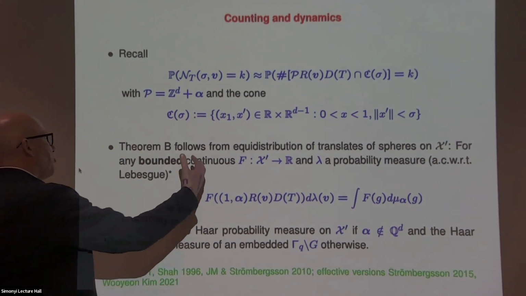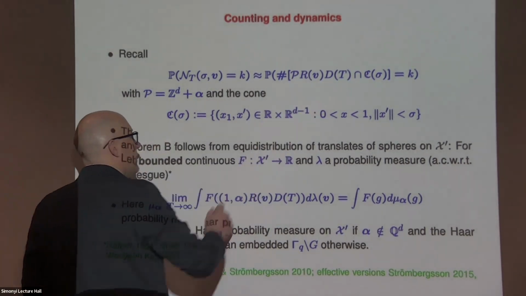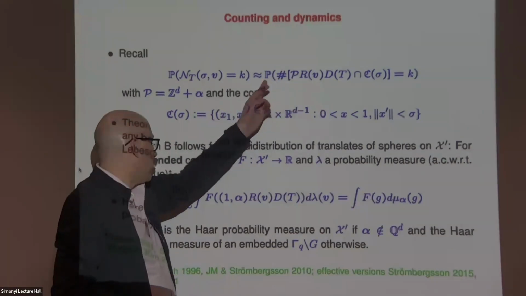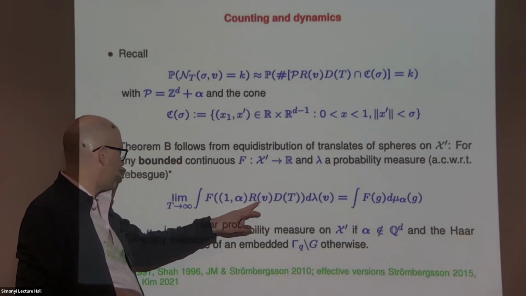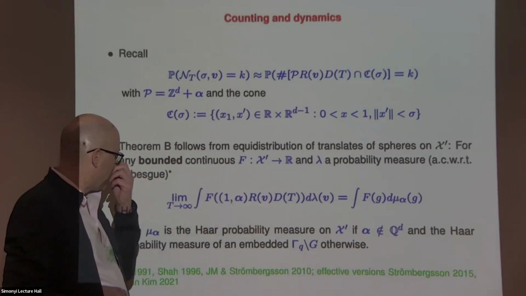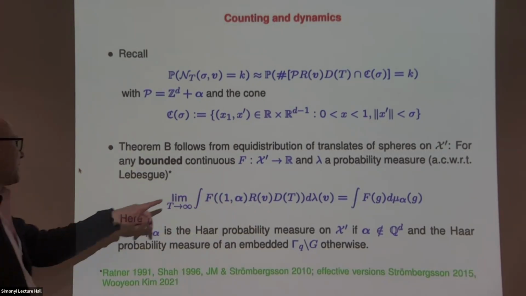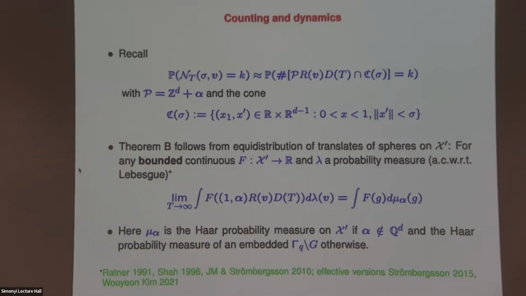we can prove the convergence of this random variable or this quantity here by referring to the equidistribution theorem for rotational averages on the space X prime, because X prime parametrizes all affine linear lattices.